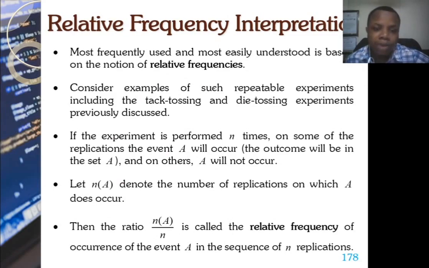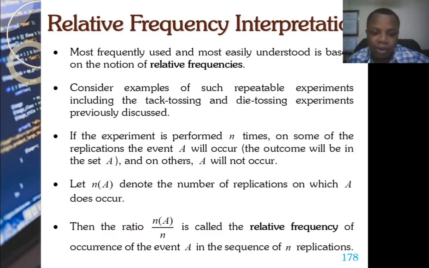Now suppose that with these experiments under consideration, we perform the experiment n times, on some sort of replication, and the outcome will be in the set A or it will not. Let's denote by n(A) the number of elements in A, that is, the number of replications on which A does occur.